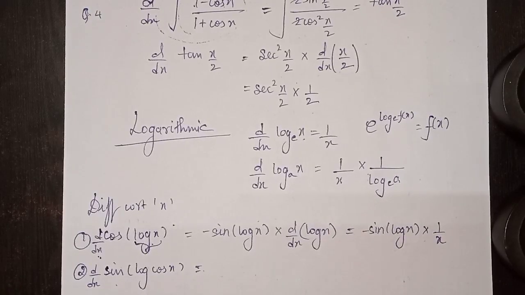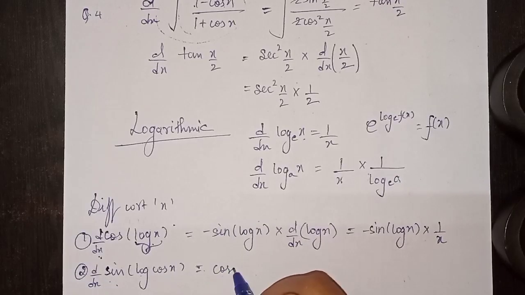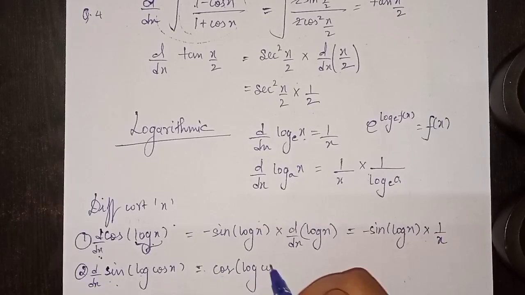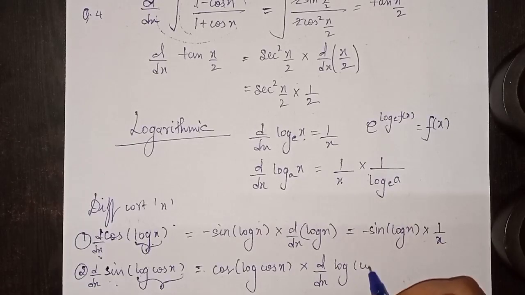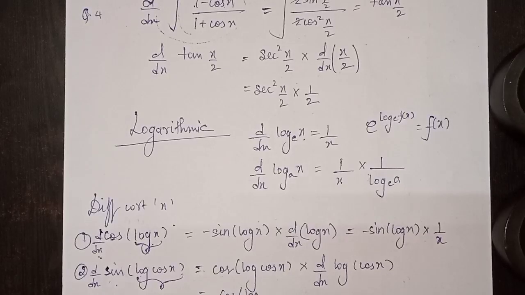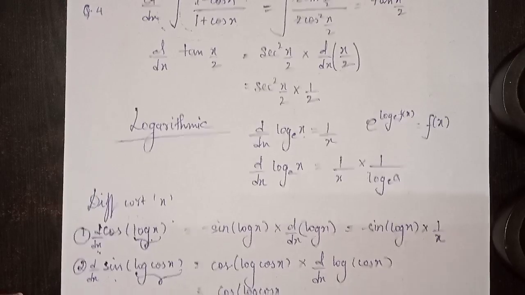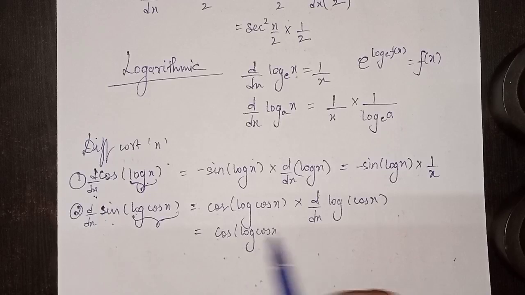Let's solve this. sin(log cos x). Cos(log cos x) multiplied by differentiation of the inner function, that is d by dx of log cos x. Cos(log cos x), I'm really sorry you couldn't see this.